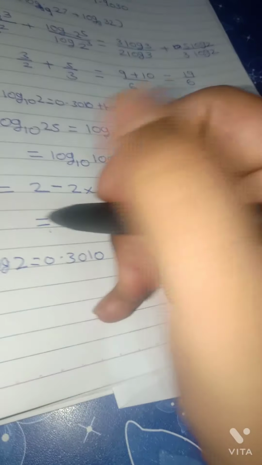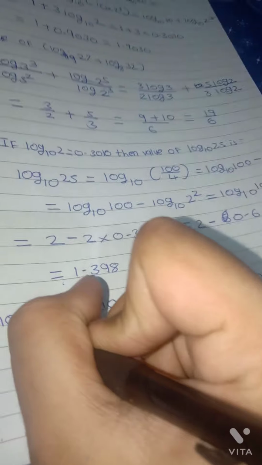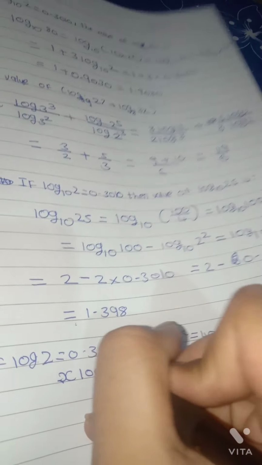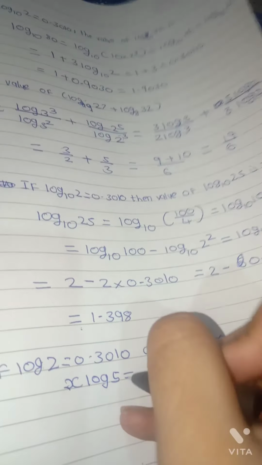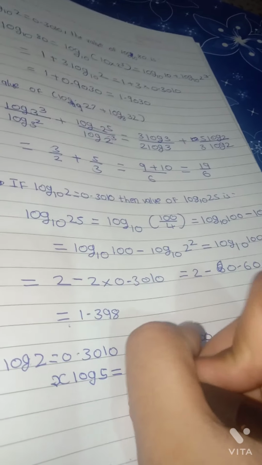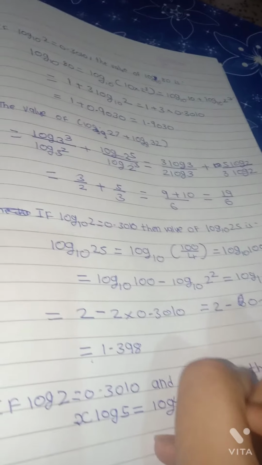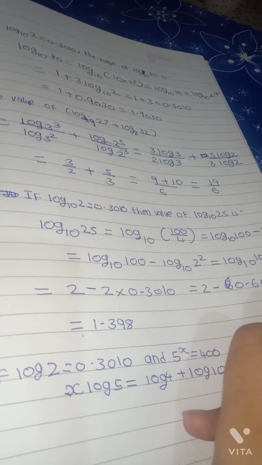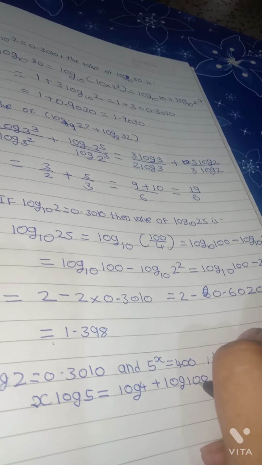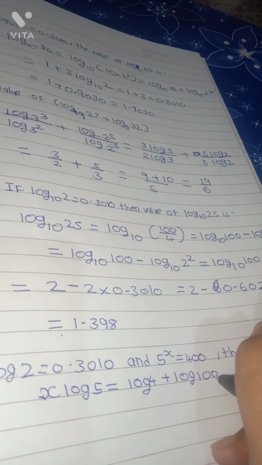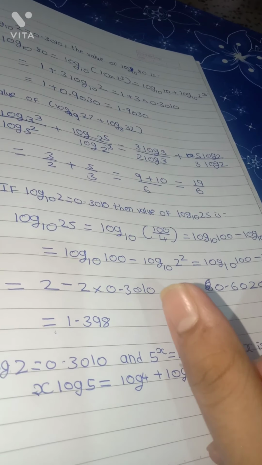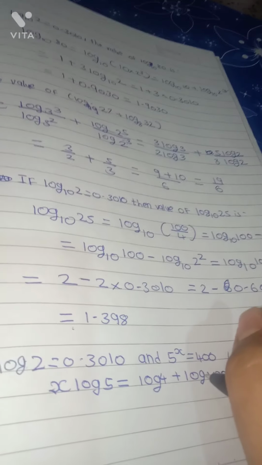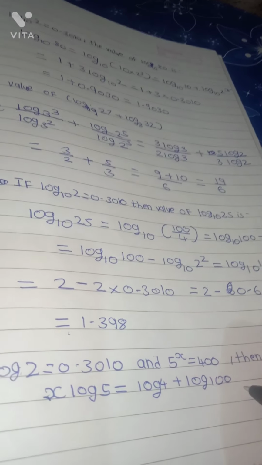So it will be equal to x log 5 is equal to log 4 plus log 100. So log 4 plus log 100 has come because of multiplying 4 into 100 will be equal to 400. So it will be equal to log 4 plus log 100.